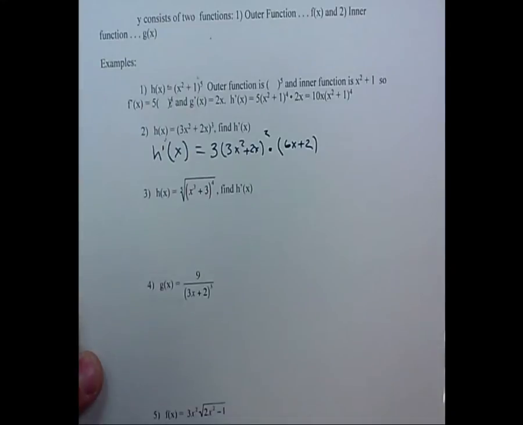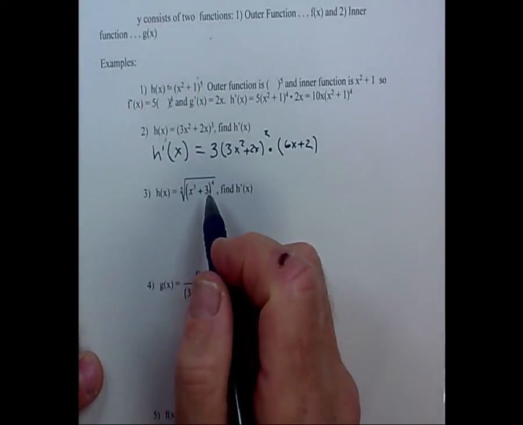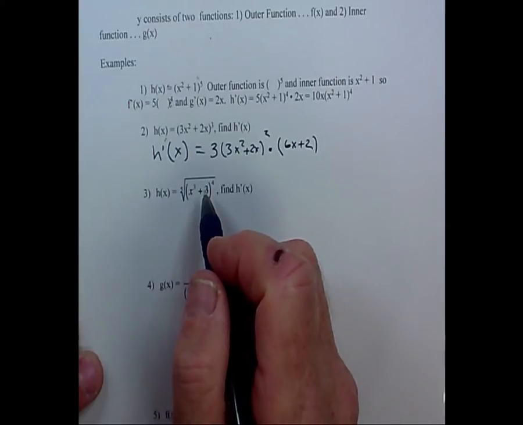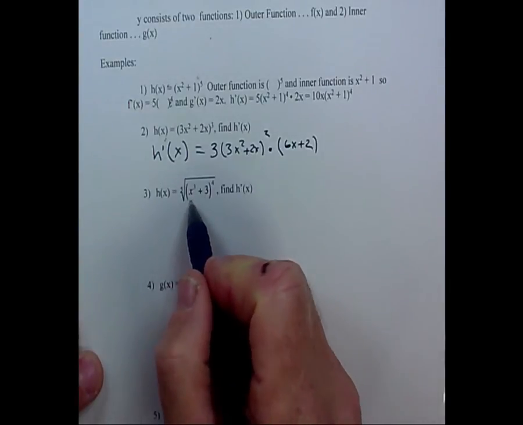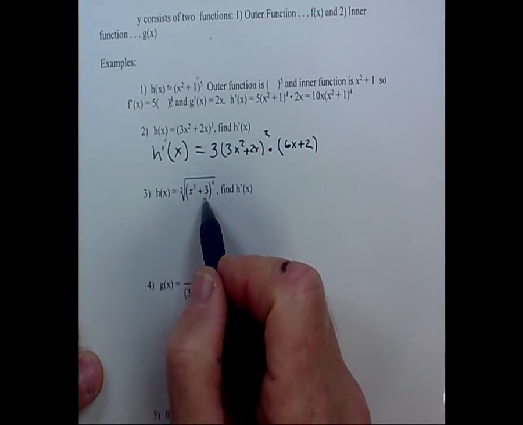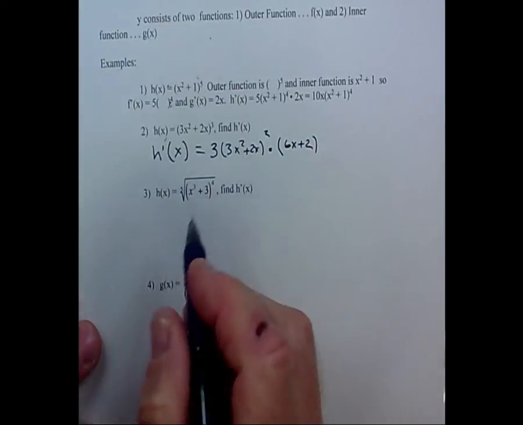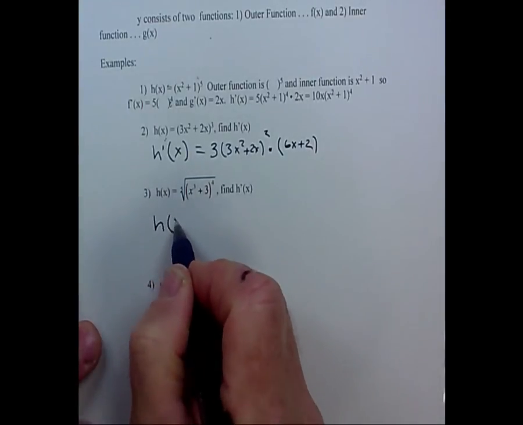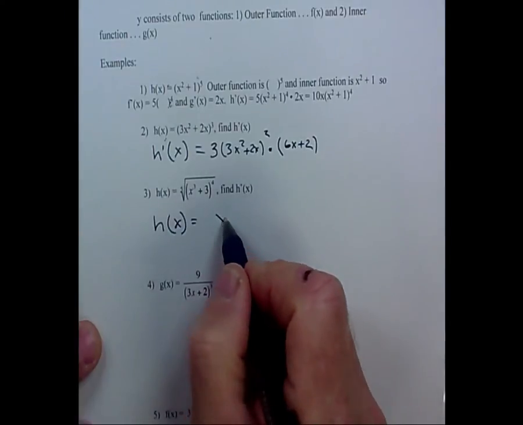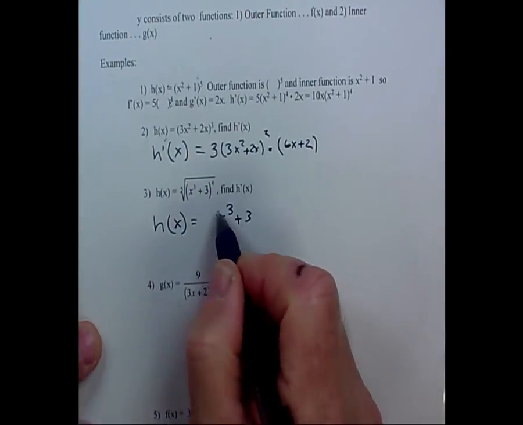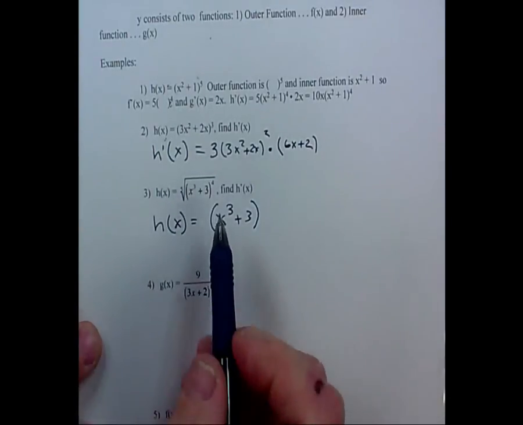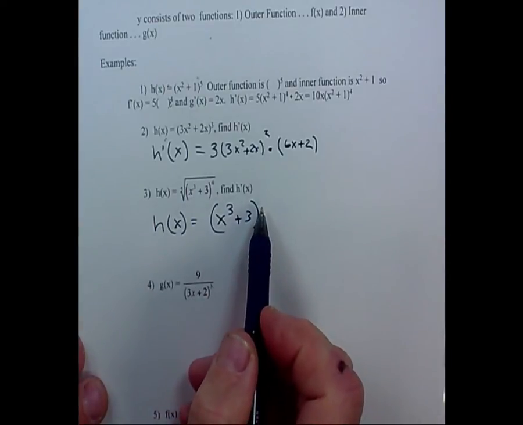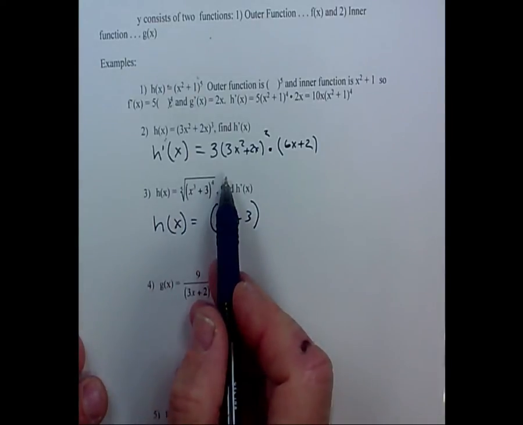Denise, you're up next. I'm going to give you a little help. You notice here I got radicals, don't I? So I'm going to write this expression that's in parentheses to a power. And I'm going to call it h of x. I'm going to write x cubed plus 3, and I'm going to put parentheses around it. And it's going to be a fraction, simply because I have a radical.